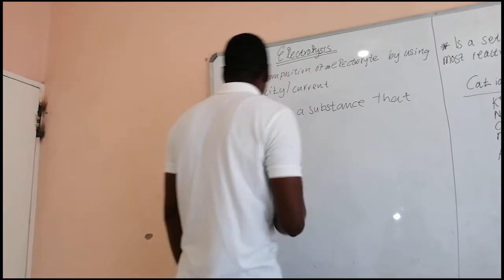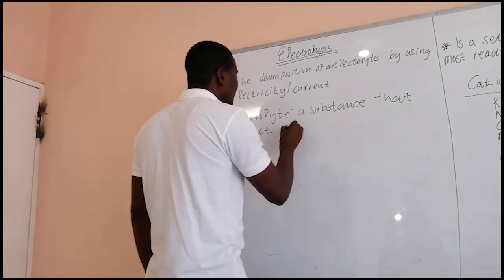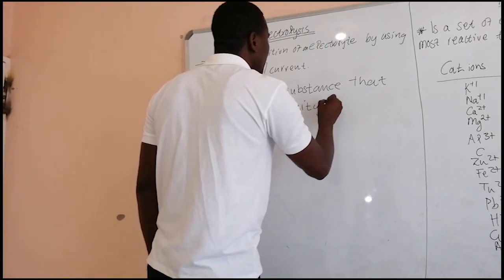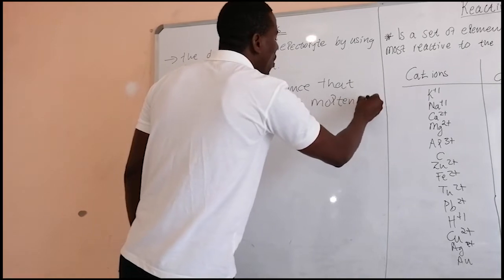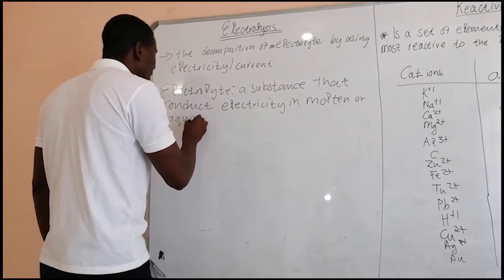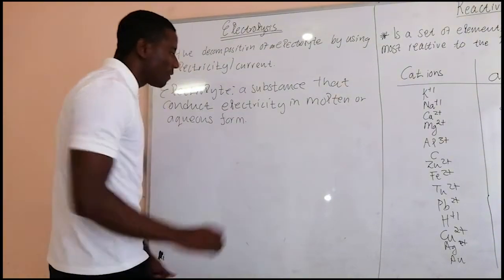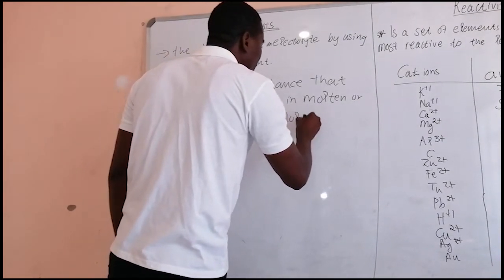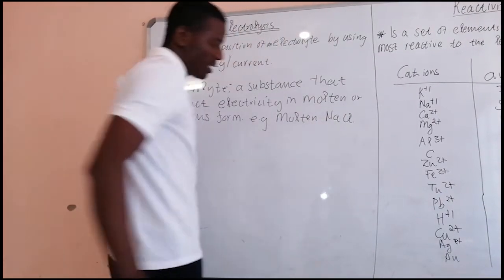So an electrolyte is a substance that conducts electricity in molten or aqueous form. For example, we have molten sodium chloride.